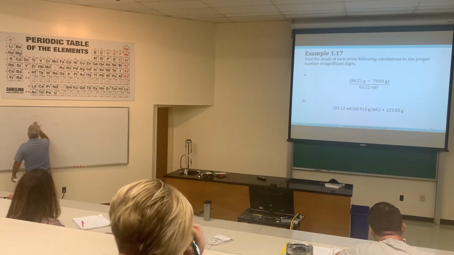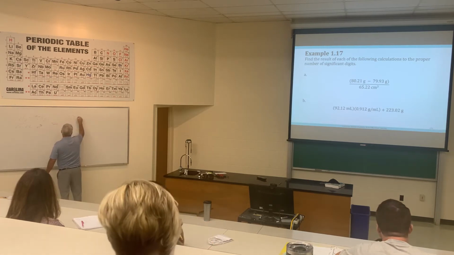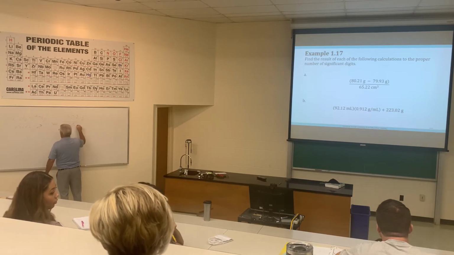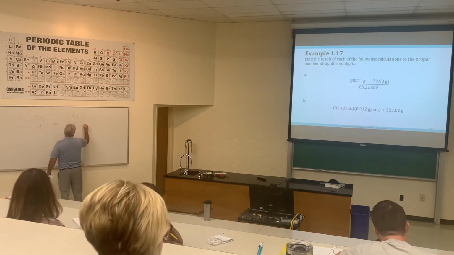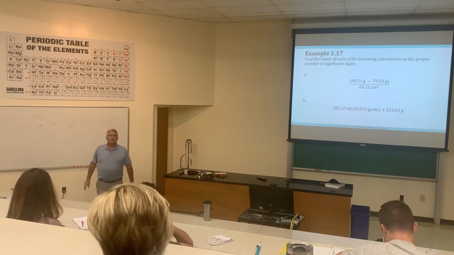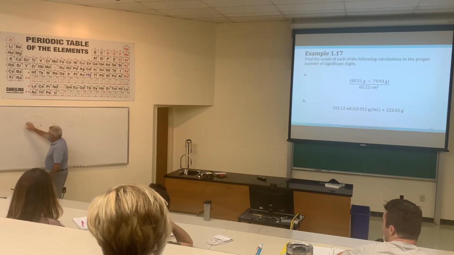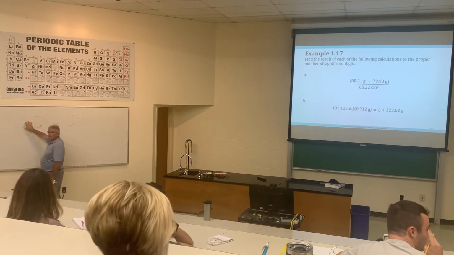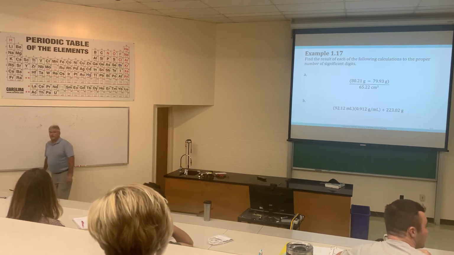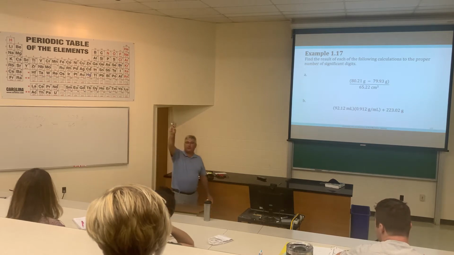Okay, 80.21 minus 79.93. What was this again? 0.28 grams divided by 65.22 centimeters. What did I just do that was really wrong? How many sig figs are over here in the subtraction? There's 4, but it only goes, oh no, I didn't do anything wrong, did I? What happened to the other 2 sig figs?